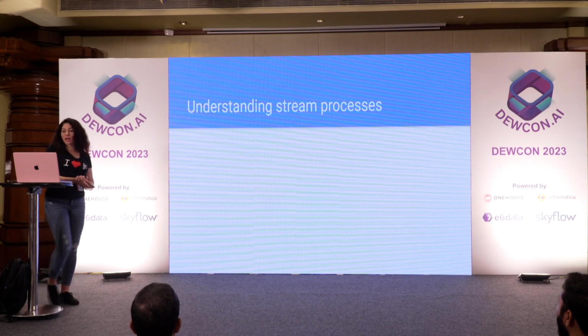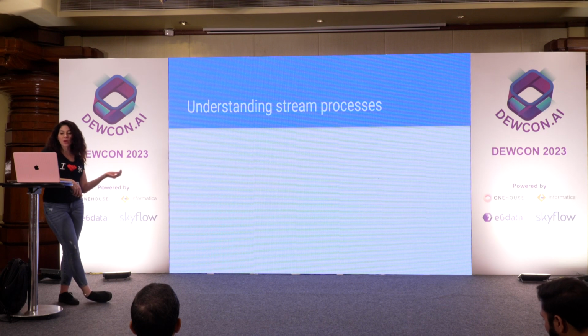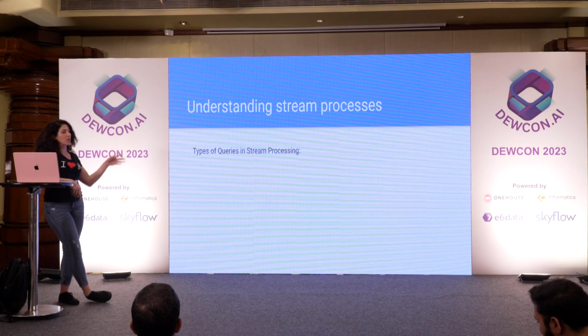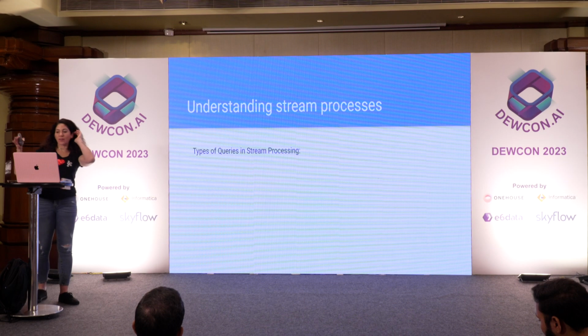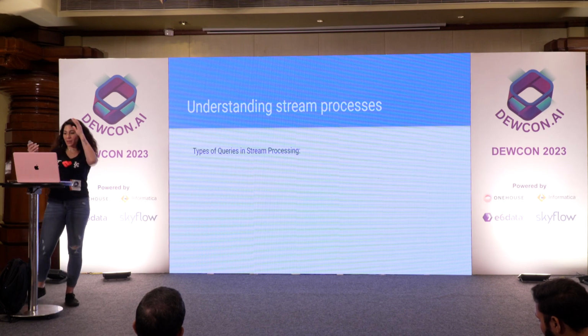Okay. Understanding stream processing. The types of queries that you can run when you're doing stream processing start with filtering, which involves the selection of specific data from a stream based on predefined conditions.